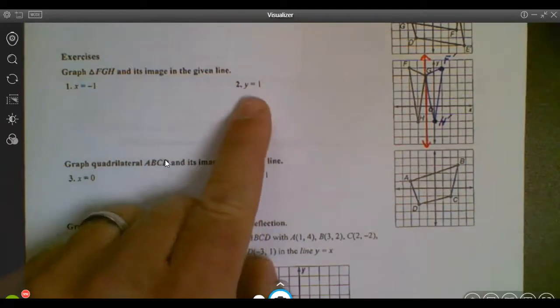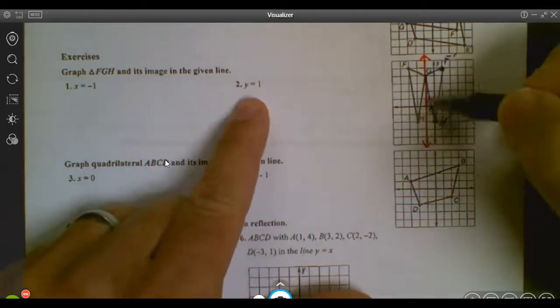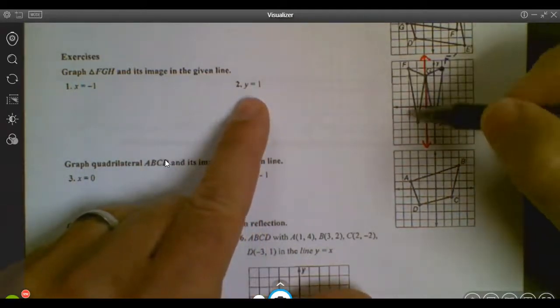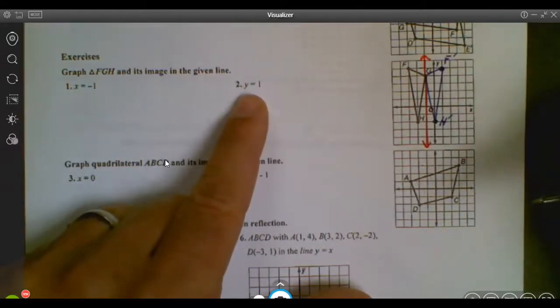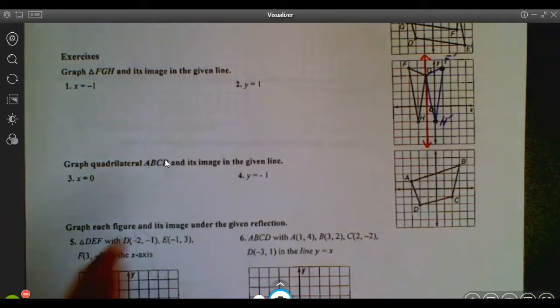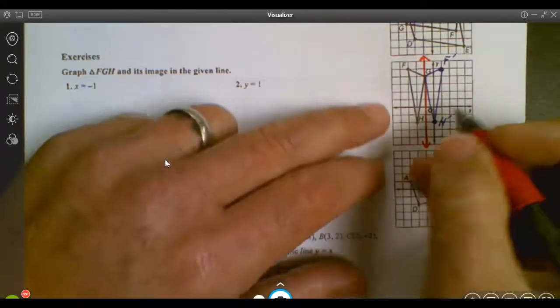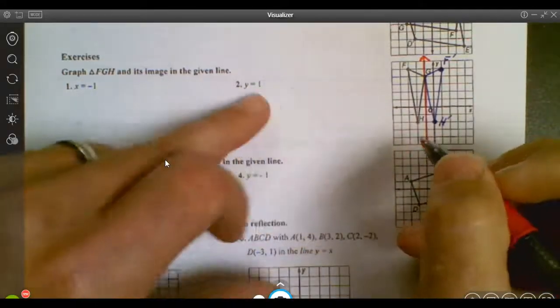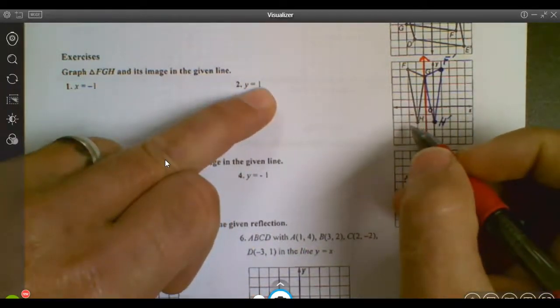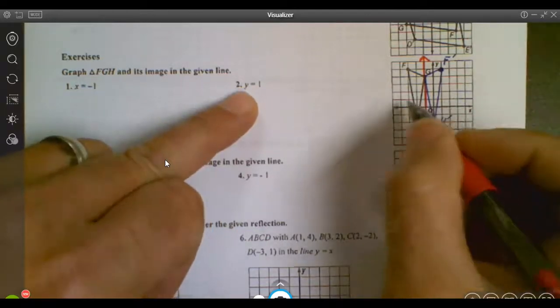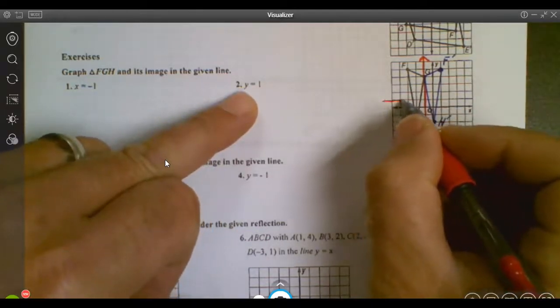Let's take a look at what if we were to reflect, and I'm going to go back to this graph right here, the original graph, but now I'm going to reflect it across y equals 1. So now, and this is going to get a little crowded in here, but that's okay. I'm going to draw my line of reflection at y equals 1. So remember, this would now be a horizontal line through 1 on the y-axis. So that guy's going to go right here.